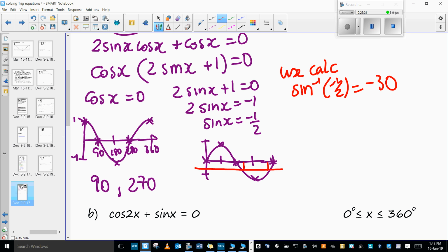So -30 was this value here, remember? So remember, it always gives you the one nearest the y-axis. So if this value here is 30, how am I going to know what these two numbers here are? 360 minus 30, good. And 180 plus 30, awesome. So this is going to be 210 and 330.